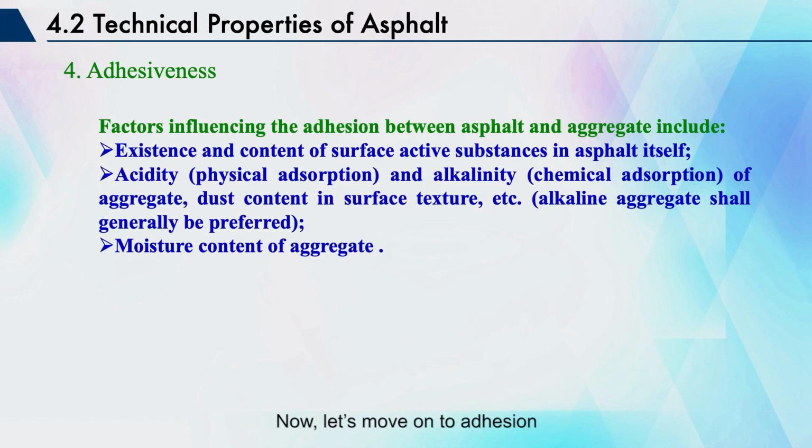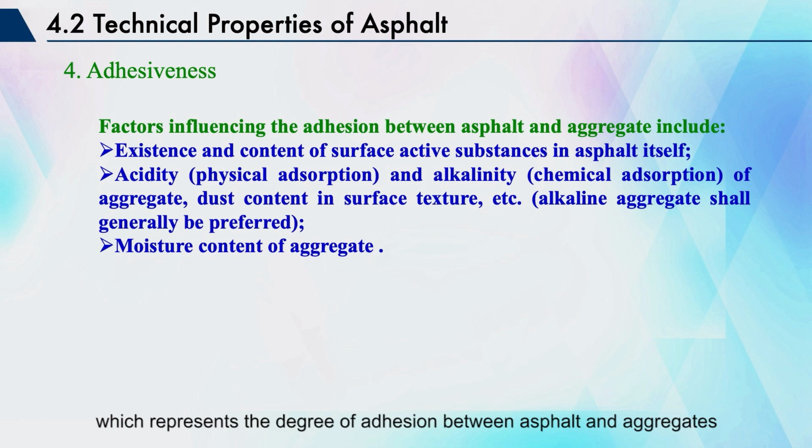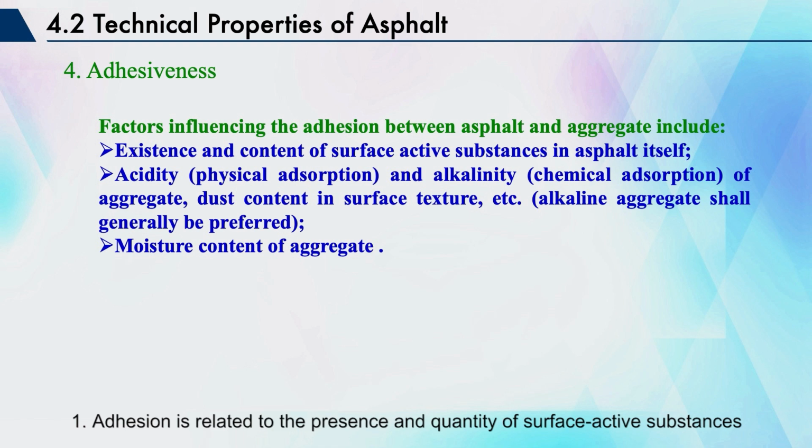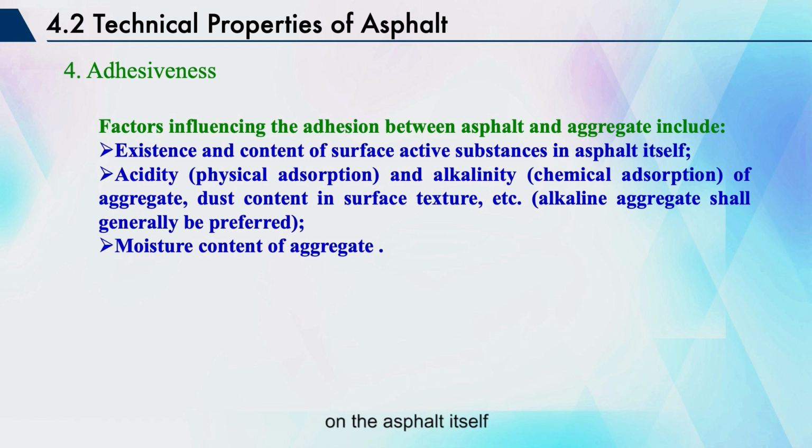Now, let's move on to adhesion, which represents the degree of adhesion between asphalt and the aggregates. Several factors influence the adhesion between asphalt and aggregates. Adhesion is related to the presence and the quantity of surface active substances on the asphalt itself.